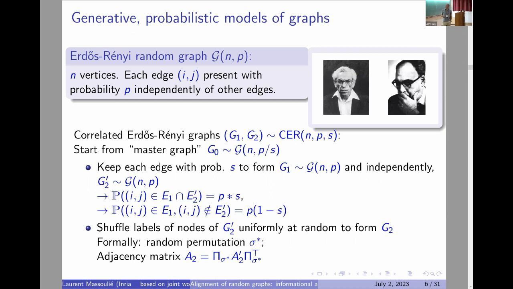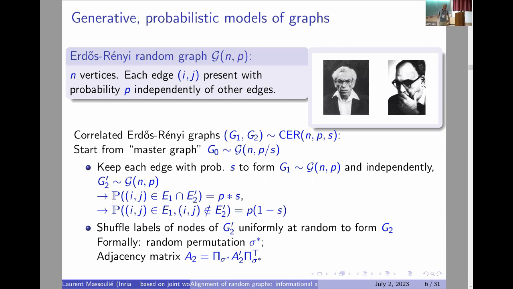Okay, so with this setup, when I want to align the two graphs, we will change the game a little bit. Initially, I mentioned alignment is trying to find a mapping that preserves as much as possible the agreements between edges and non-edges.